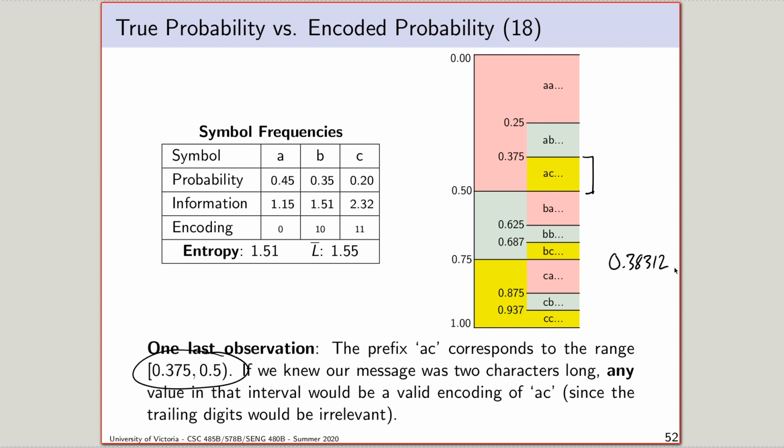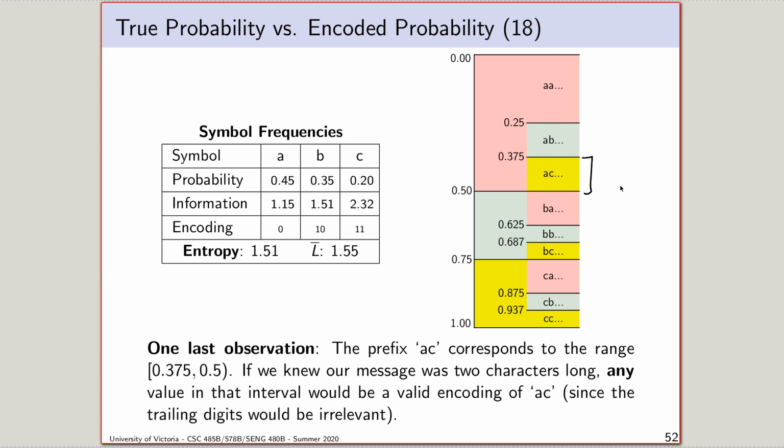You wouldn't care. If you know the message is only 2 characters long, you would figure out that this number is somewhere around there and say, okay, we're in the AC block, so the message must be AC, and we're done with it. Any value in the range 0.375 to 0.5 would decode to AC. So if you know that you're sending a 2-character message, and whatever you send has to be a number somewhere in this range, what do you send?